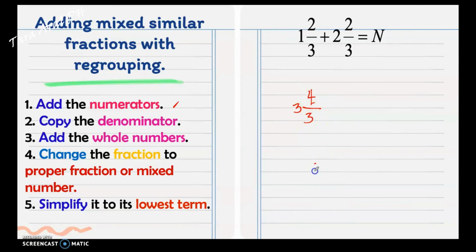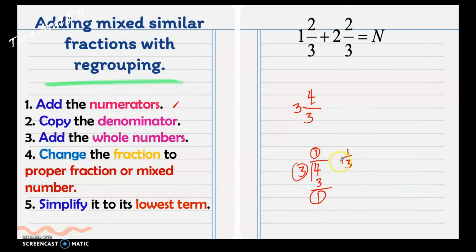We have 4 over 3. Divide the numerator by the denominator. We have 3 into 4, that is 1. So 4/3 is equal to 1 for our quotient, and the numerator is 1 also for the remainder, and 3 as the divisor, or the same denominator.